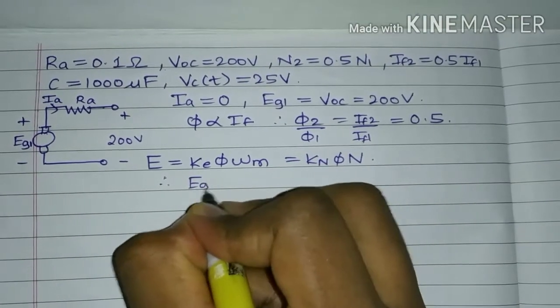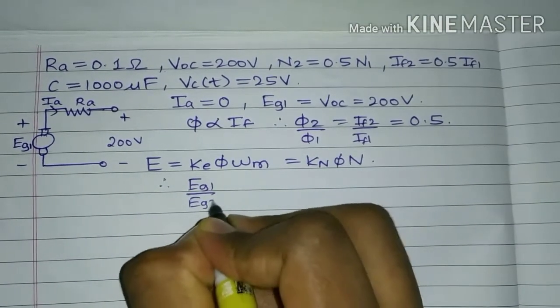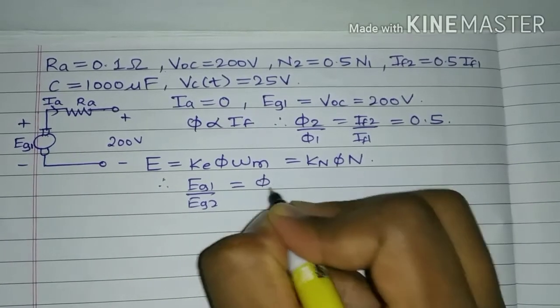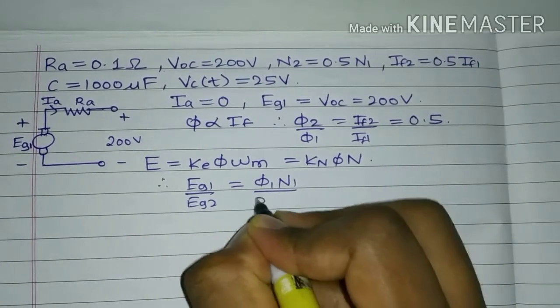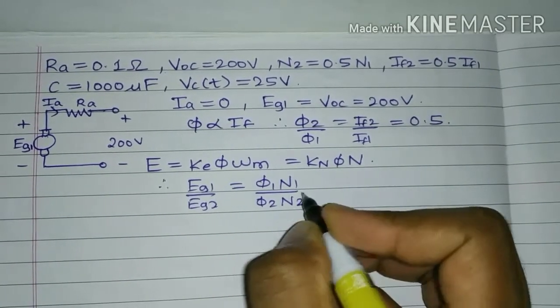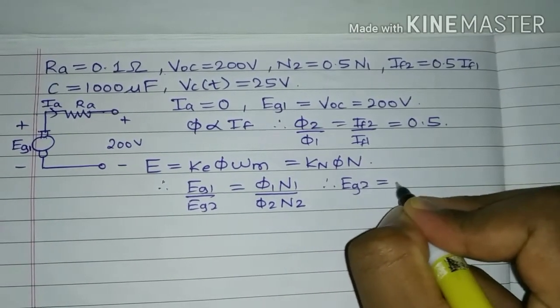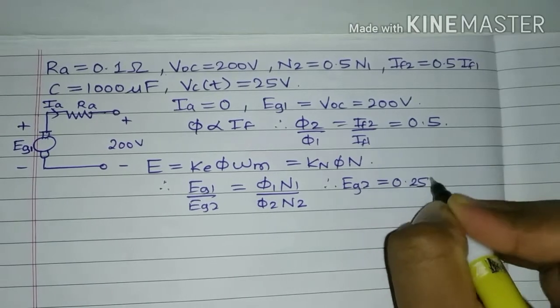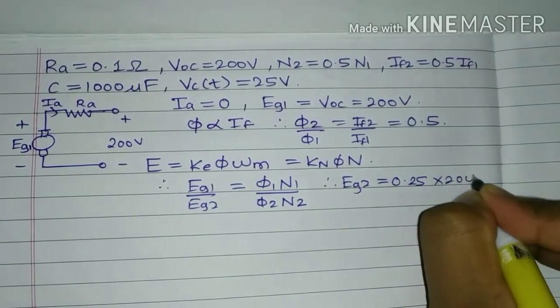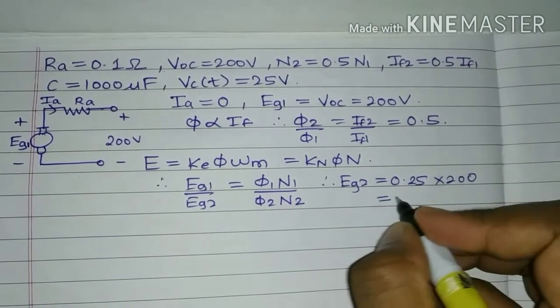Hence Eg1 upon Eg2 will be equal to phi1 into n1 upon phi2 into n2. Hence Eg2 will be equal to 0.25 into 200, which turns out to be 50 volts.